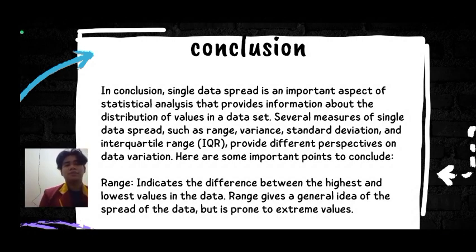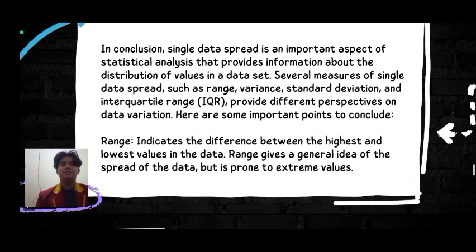Here are some important points to conclude. The range indicates the difference between the highest and lowest values in the data. Range gives a general idea of the spread of the data, but is prone to extreme values.